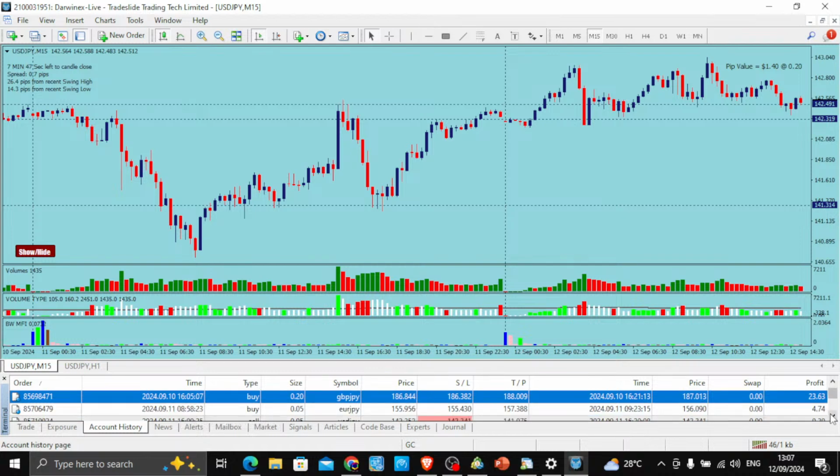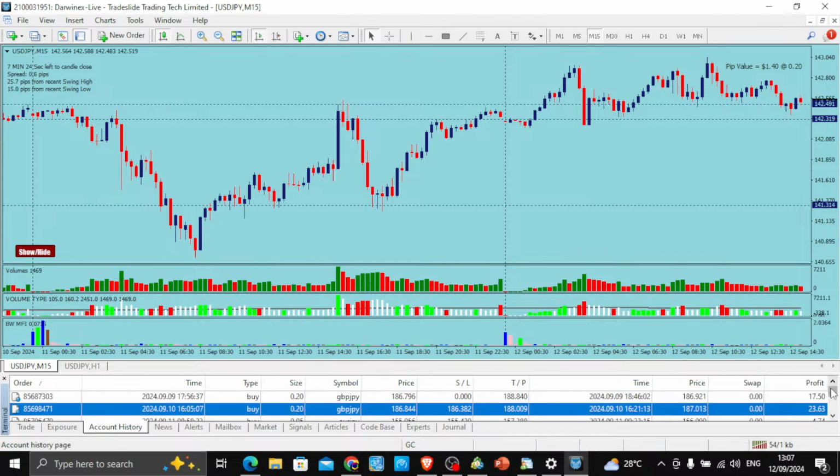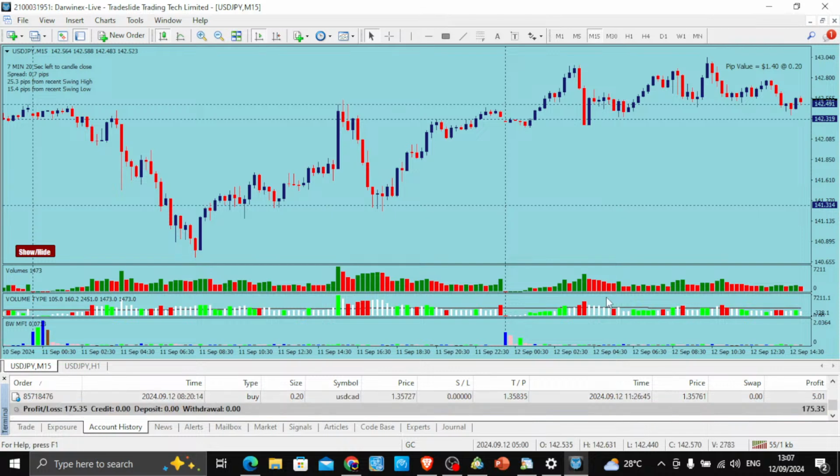Then yesterday, these are the trades I made. So if you use such a method, even when you lose, you are not going to lose much, unless you don't put a stop loss, which happened to me one time, and I paid dearly for it. That is it.